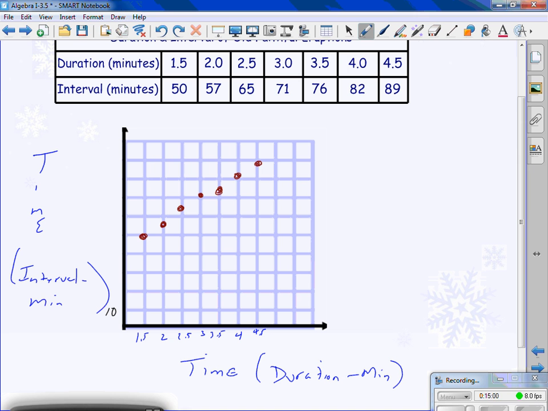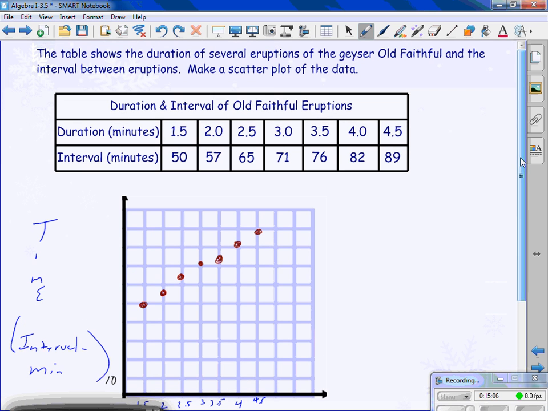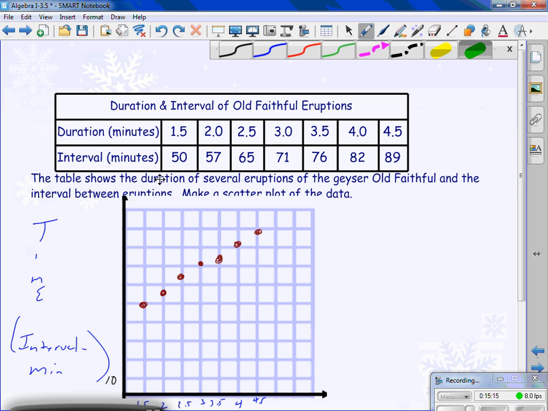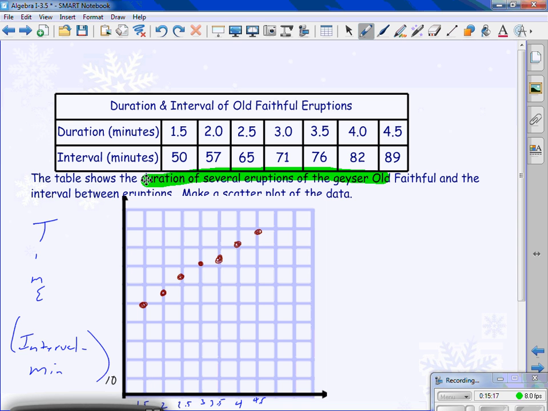What could you tell me about the correlation? It is a positive correlation. And the title, I would probably use duration of eruptions at Old Faithful. That's all you really need.